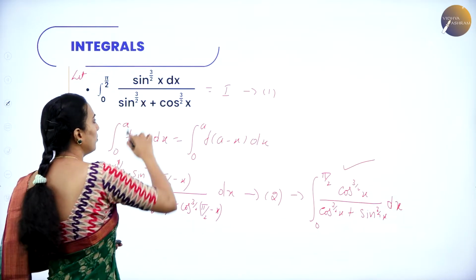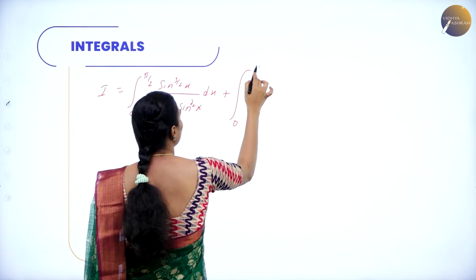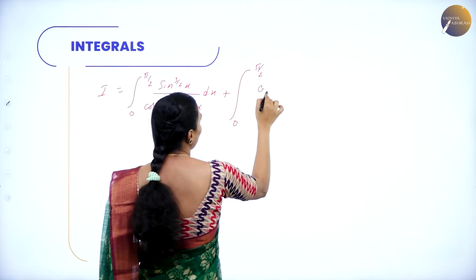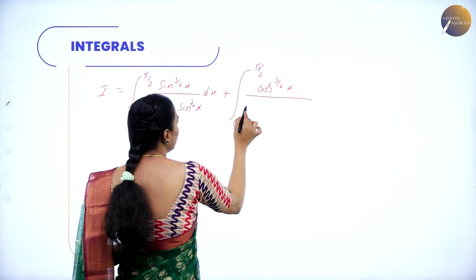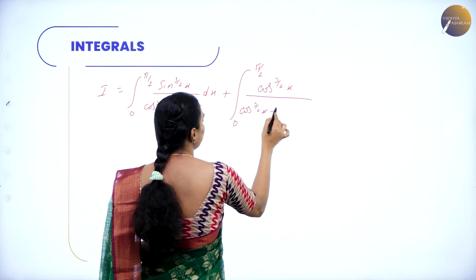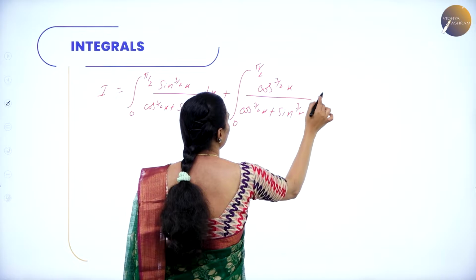So this is equation 1. Adding equations 1 and 2, we are getting plus integral 0 to pi by 2 of cos to the power of 3 by 2 x divided by cos to the power of 3 by 2 x plus sine to the power of 3 by 2 x into dx.